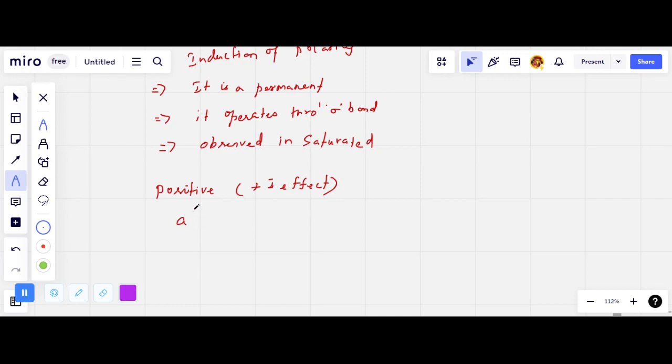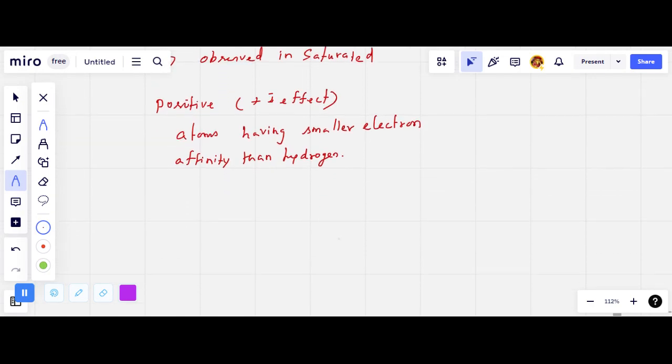Atoms or group of atoms having smaller electron affinity than hydrogen are said to have a plus I effect. Plus I effect may be electron releasing or electron donating.